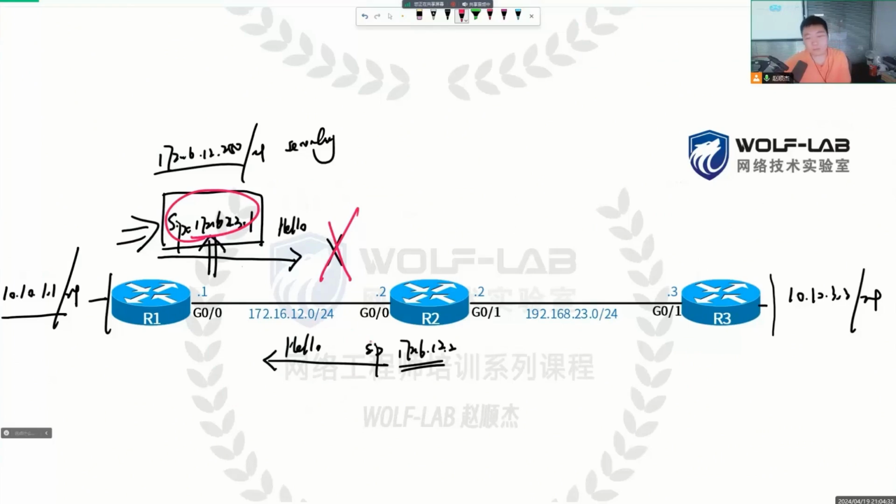You see here, R2 will scold R1: you are not my EIGRP neighbor, you are not in the same network segment as me, not a router directly connected to me. R2 will not receive R1's hello packet. But on the contrary, R2 sends the hello packet with its primary address, 172.16.12.2, as the source.